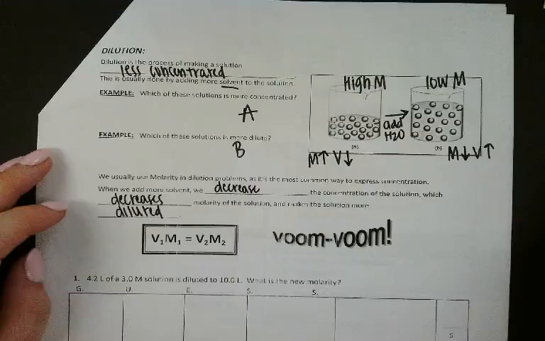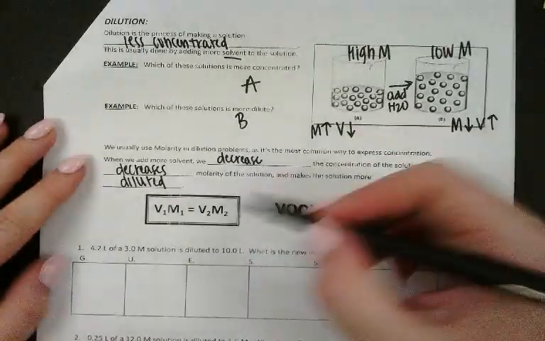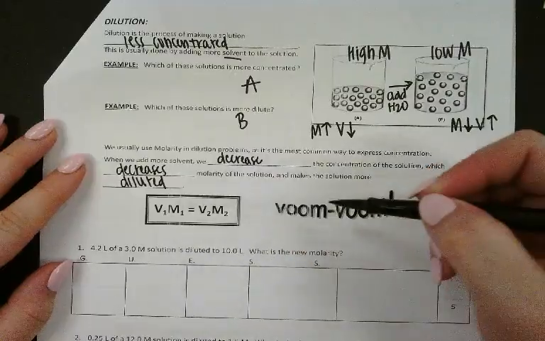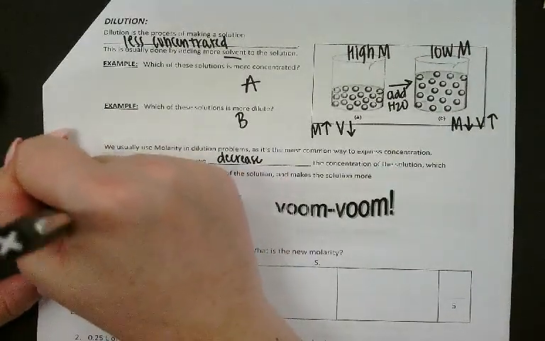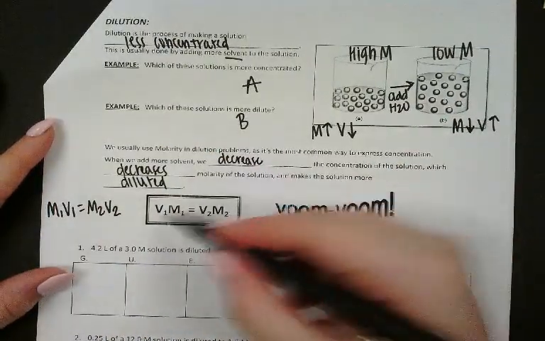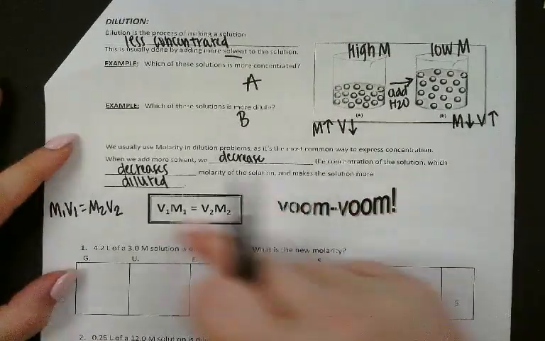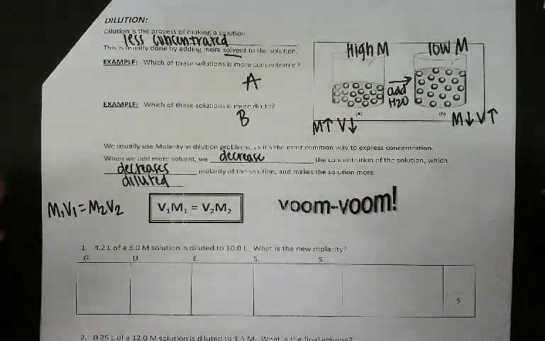Okay? Now, on your formula chart, your equation looks like this. M1V1 equals M2V2. It's the same thing. The reason we have it like this is for you to remember voom voom, okay? It's written that way.